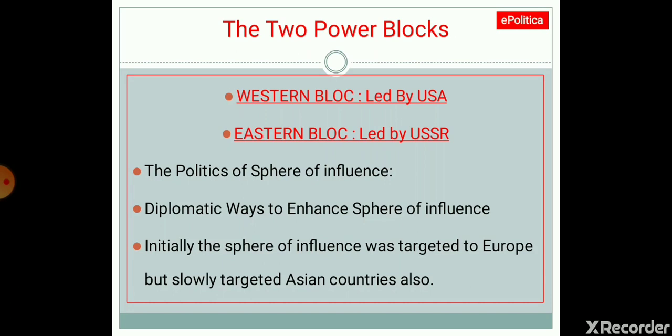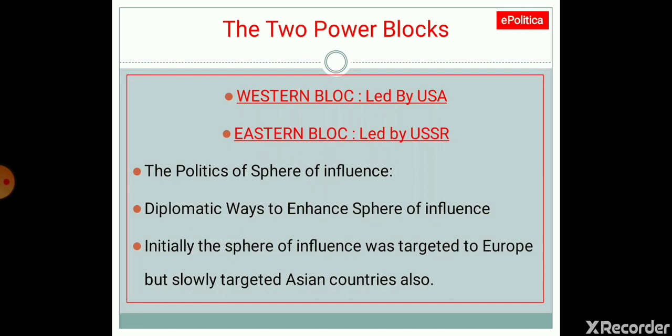This bifurcation or division of Europe into two power blocs has been related with the idea of politics of sphere of influence. As in the previous module, I have already discussed what is sphere of influence, but again, for the convenience of students, let me again explain what is sphere of influence.